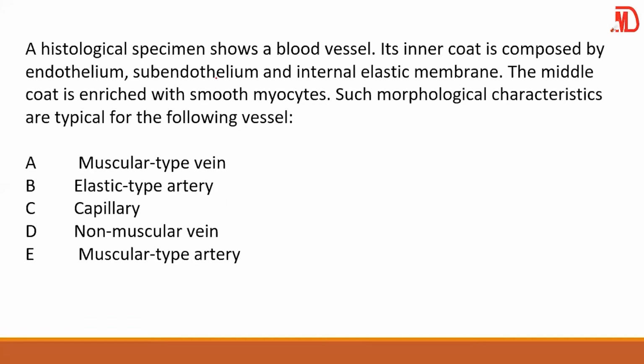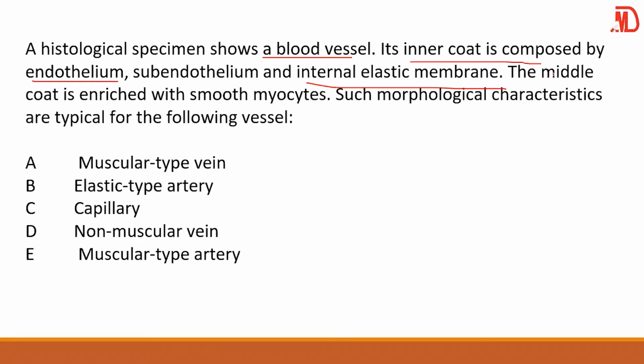A histological specimen shows a blood vessel. Its inner coat is composed of endothelium. You know that every blood vessel is lined by endothelial cells. But look at it again. It has endothelial cells, subendothelium, and then an internal elastic membrane.